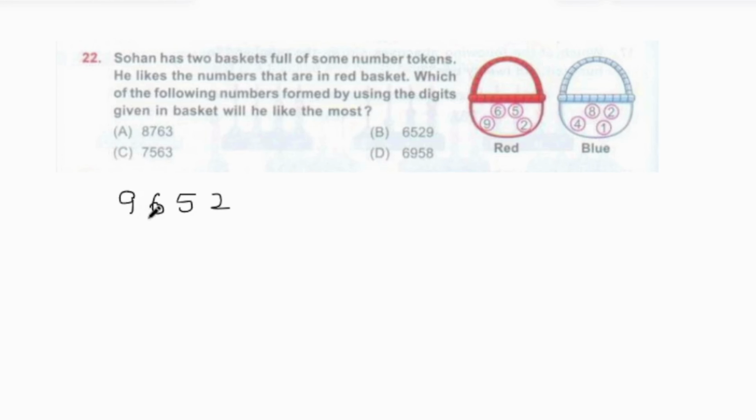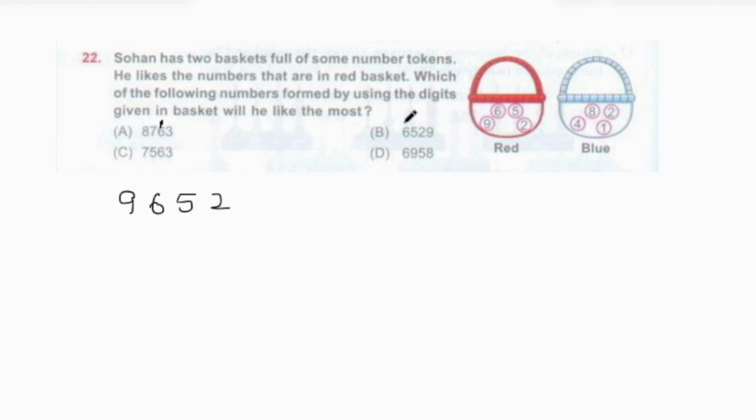Now what we can do is try to check option A and see how many of these numbers are present in option A. In option A, 8 is in the blue basket, 7 is neither in the red basket nor in the blue basket, 6 is there in the red basket, 1 and 3. 3 is neither in the red basket nor in the blue basket. So it's only 1.